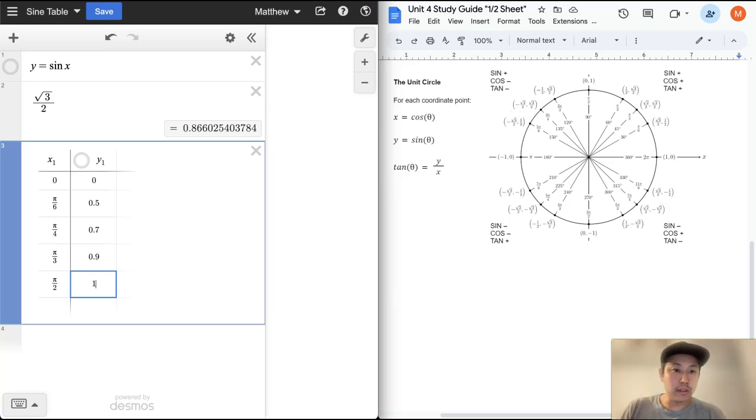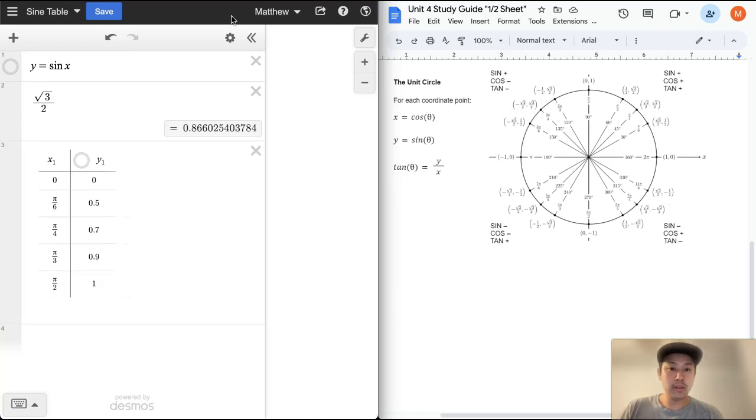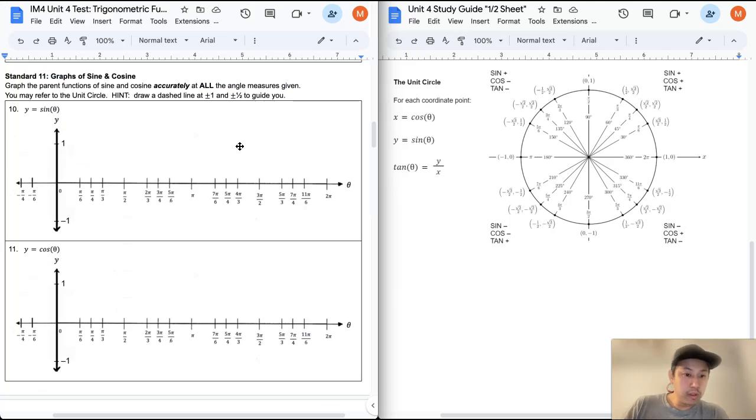Let's go back to this unit circle screen. There we go, and let's start graphing. If it helps, you can create your own table and then add the points in, but I'm just going to start using the unit circle reference. The points we had were 0, 0, because the sine of 0 is 0.